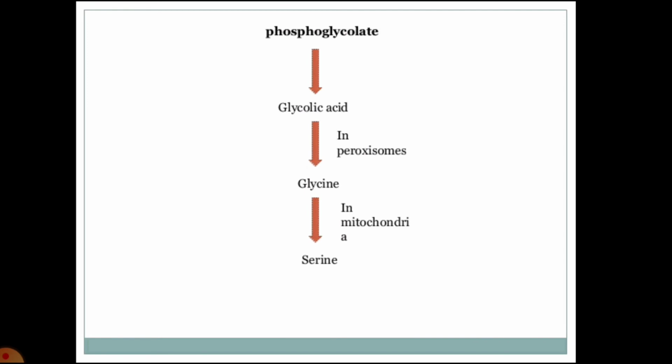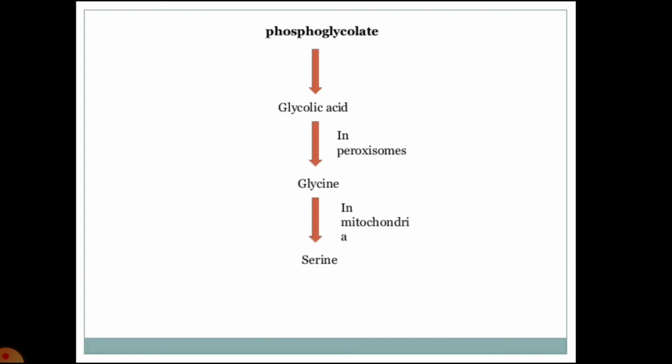Here, 2 molecules of the 2-carbon glycine unite and form 1 molecule of serine, which is a 3-carbon compound. During this process, 1 molecule of carbon dioxide is released. Serine then diffuses out of the mitochondria and re-enters the peroxisome.